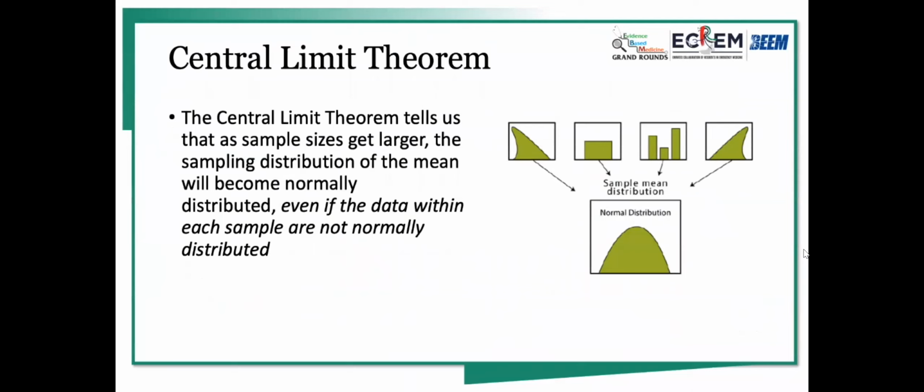The central limit theorem tells us that when we start sampling from any data set, even if that data set is not normally distributed, as our sample size gets larger, the distribution of the means of those samples become normal. And so let me illustrate that concept a little bit better.